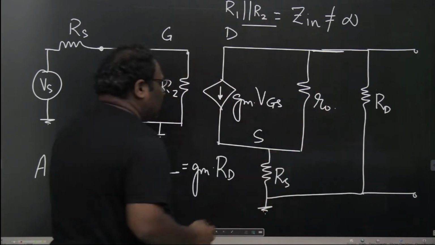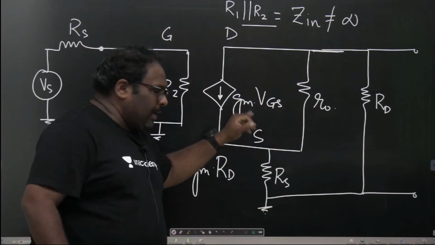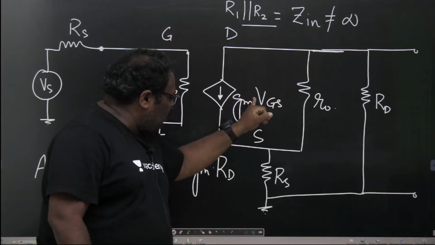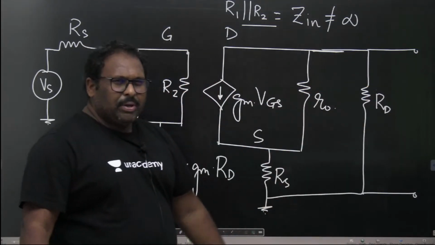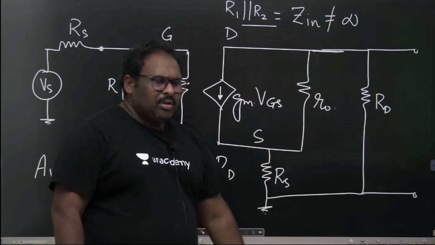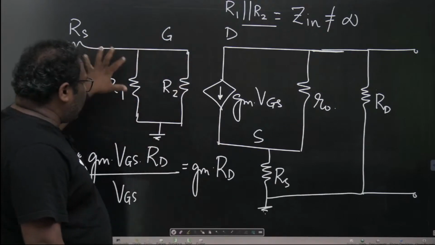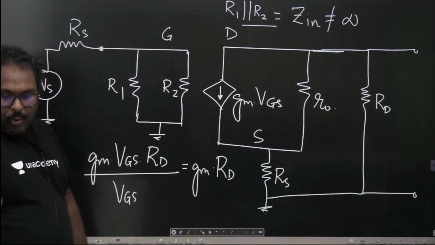If you have to consider the R0 also, you have to apply the current division rule. You have to find out the current dividing in these two branches and find what is ultimately the current flowing in it. And obviously, the current flowing in this will be gm into VGS itself. So even if R0 is considered or not considered, it doesn't affect your final answer. I hope this is very clear, students. I hope the point is clear.